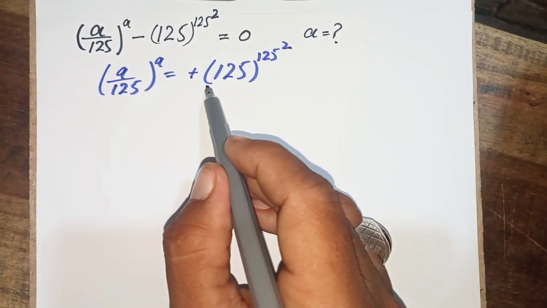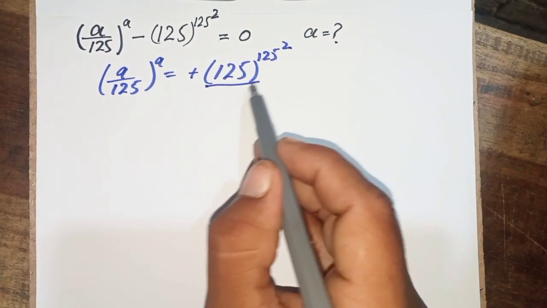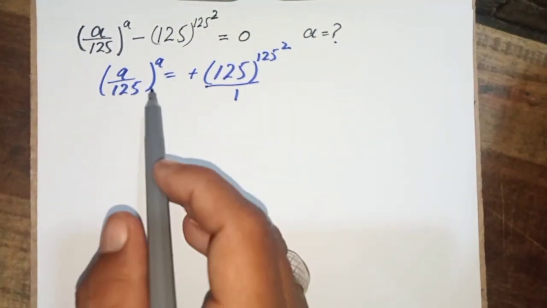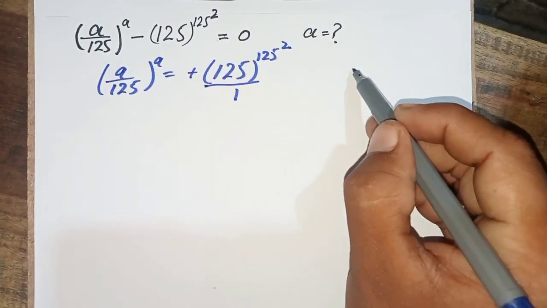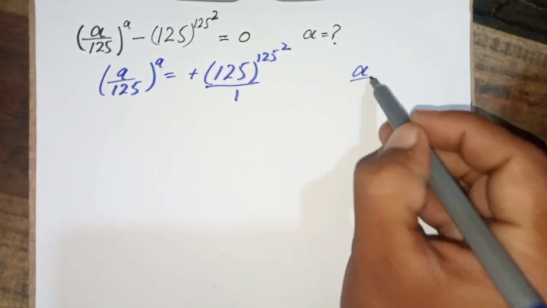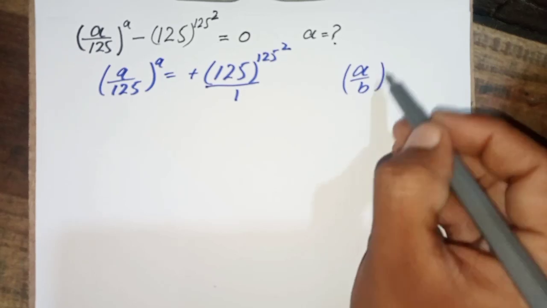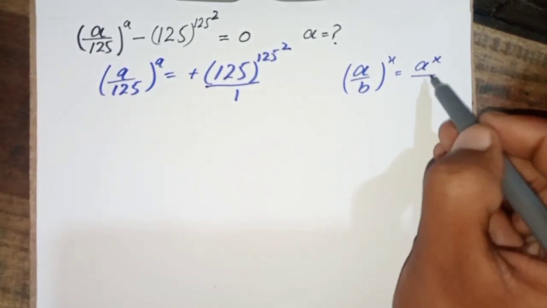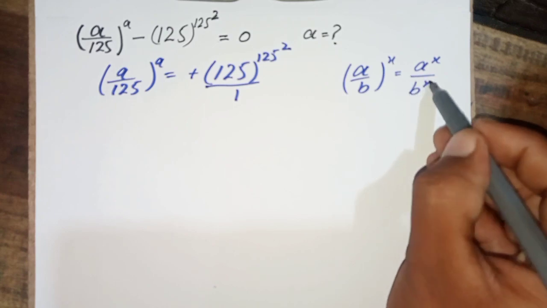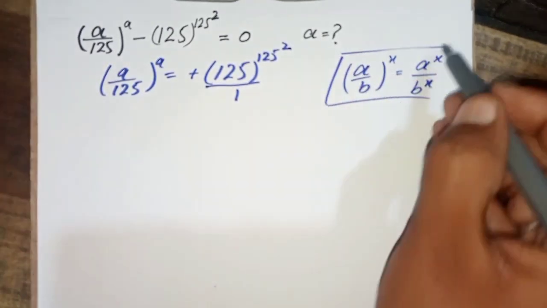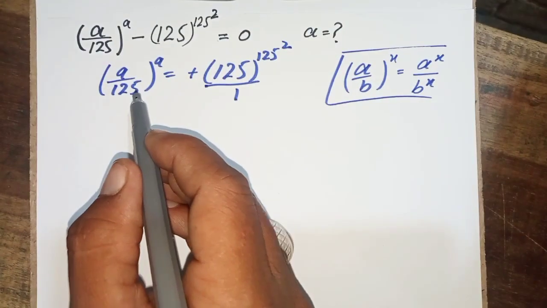Now we have no denominator in this equation, so we put 1. First we apply a power rule: (a over b)^x is equal to a^x over b^x. This power rule applies over here.